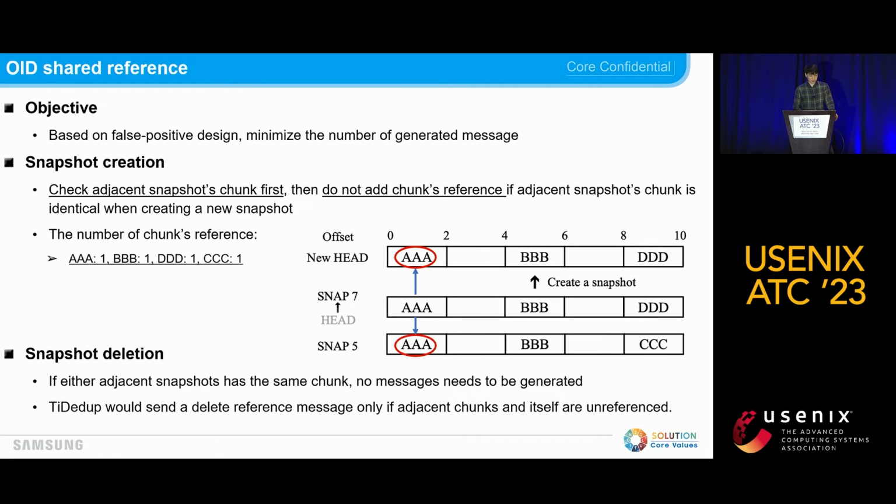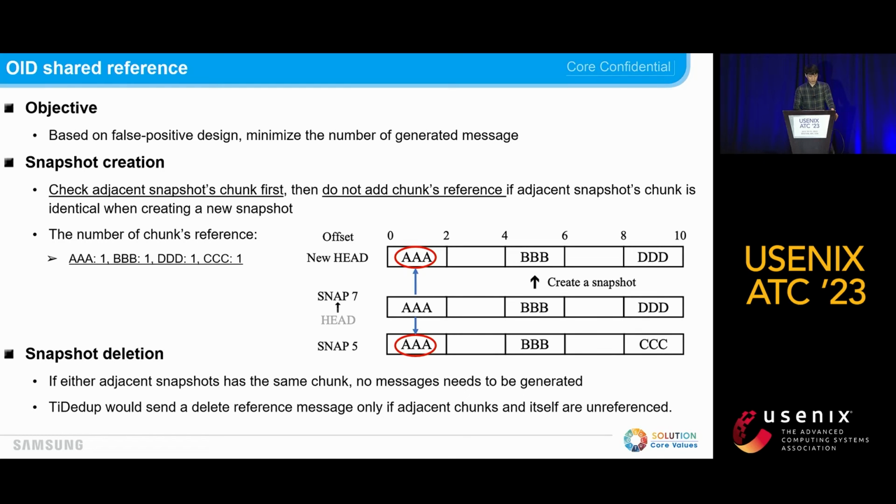With this back pointer, TiDedup implements shared reference. The goal of shared reference is to minimize the generated messages during snapshot creation or deletion. When a snapshot is created, TiDedup checks the prior and next chunks in the adjacent snapshot, marked as red circles, then does not generate any message if either prior or next chunk is identical.